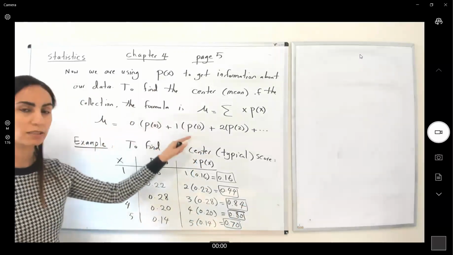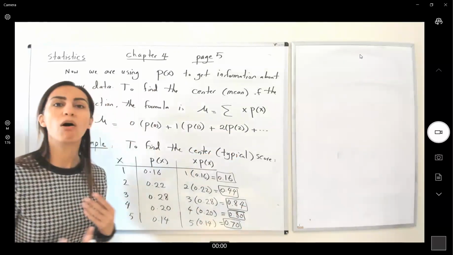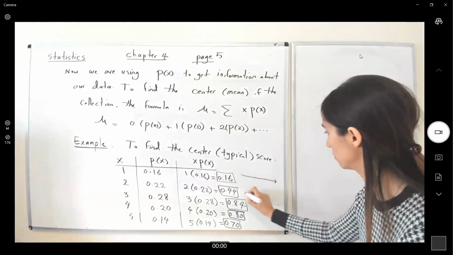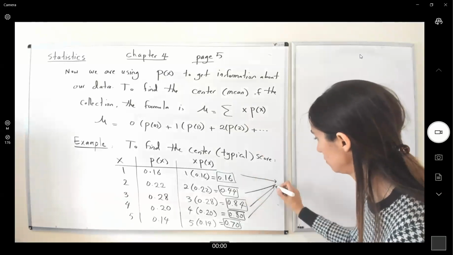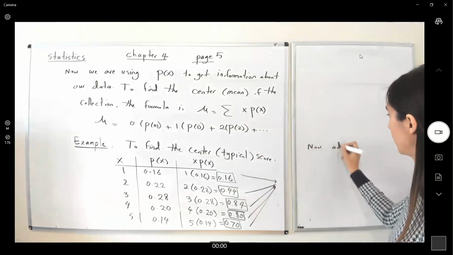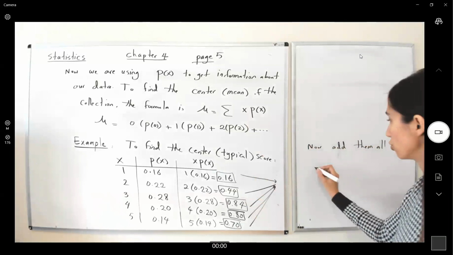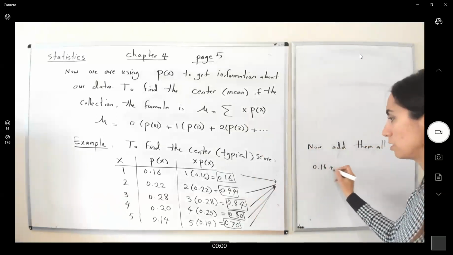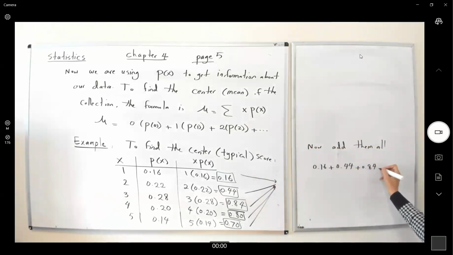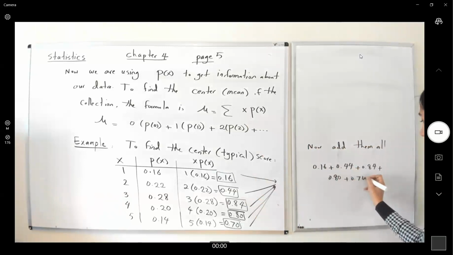So we found these values. Now we're going to add them all. What do you have? You have 0.16 plus 0.44 plus 0.84 plus 0.80 plus 0.7.